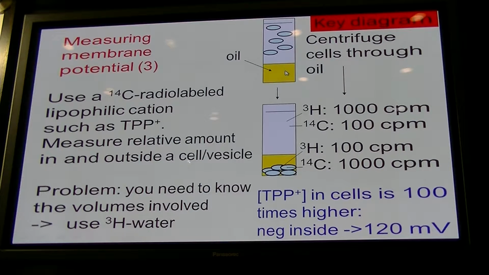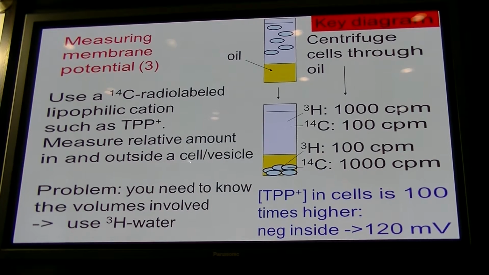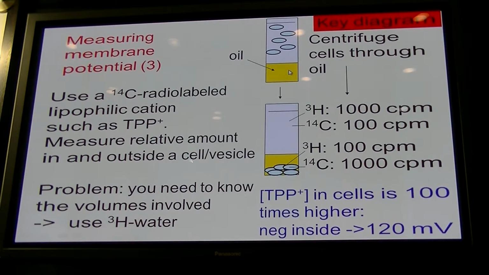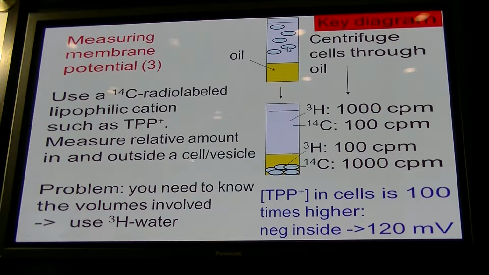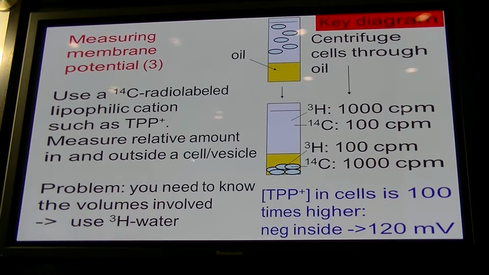I use a little bit of oil, and this is a special mineral oil, based on silicone, I think. I'm not sure exactly what type of oil that is, chemically. But the important point is the oil is heavier than water, but lighter than the cells. So if we centrifuge this tube, the cells move through the oil and get perfectly separated from the surrounding medium.